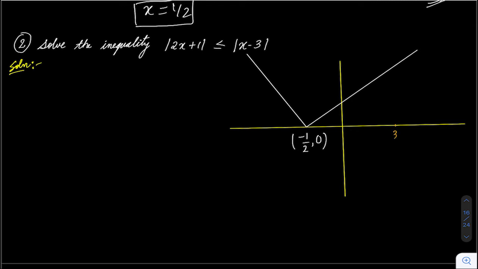So let's say this is 3 comma 0. So there will be a V like this. Okay, so this is my graph now.